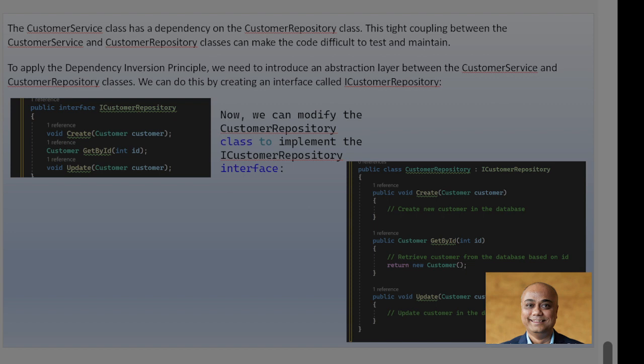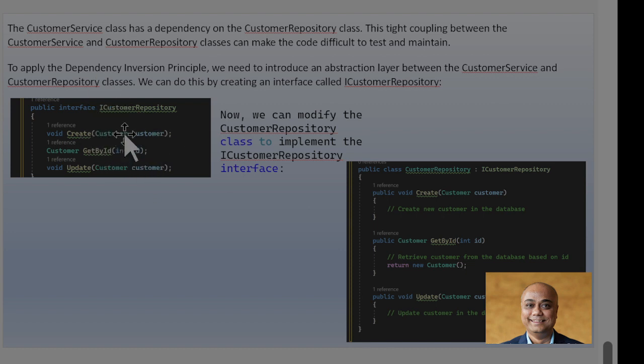To apply the dependency inversion principle, we need to introduce an abstraction layer between CustomerService and CustomerRepository classes. We can do this by creating an interface called ICustomerRepository.